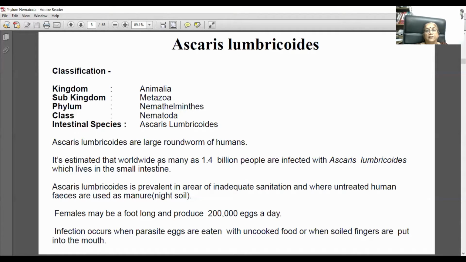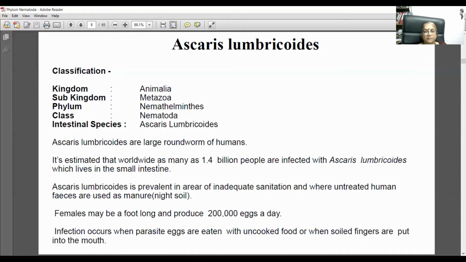Okay, that's how many people are infected. Now, why is this infection so common? The reason is, in many areas you might have observed that people do not have proper hygienic habits. What I mean here is, people are not used to washing their hands before food, before consuming anything.